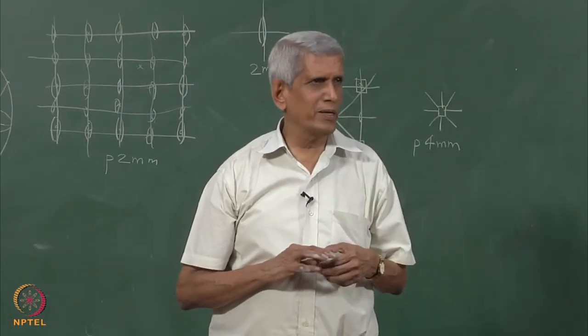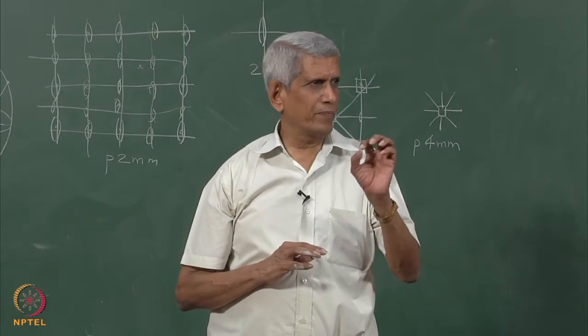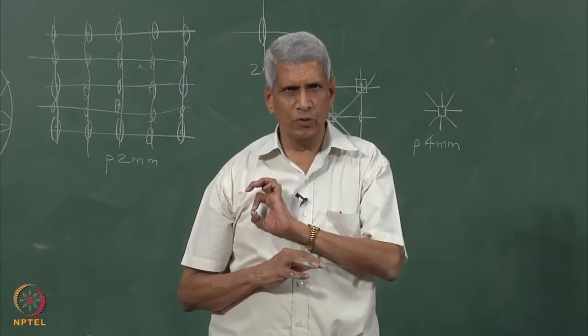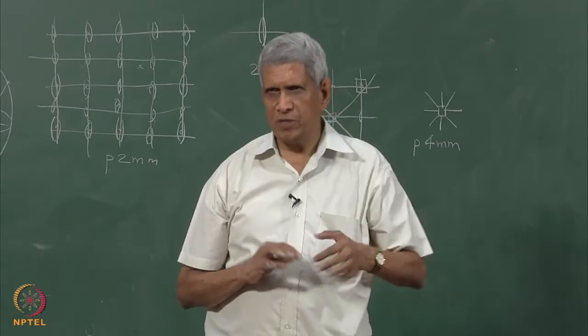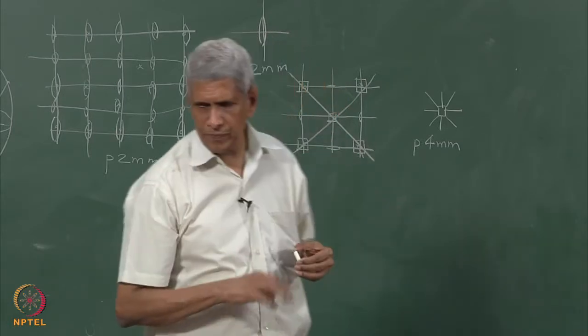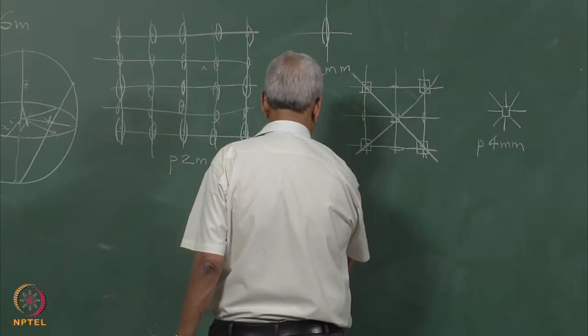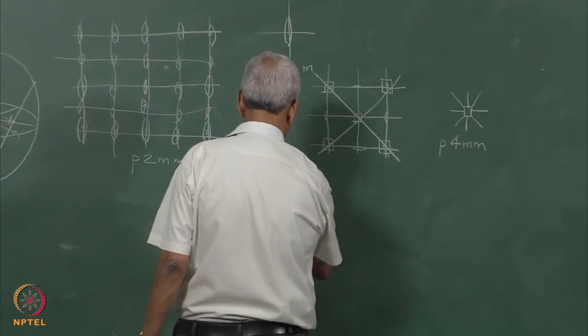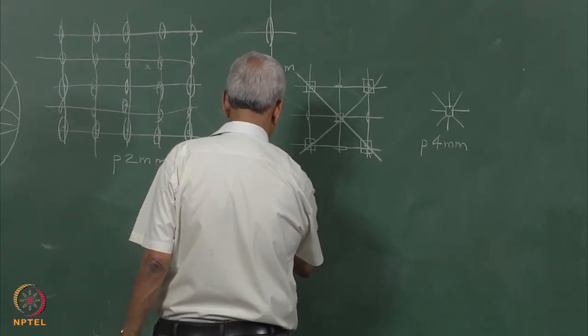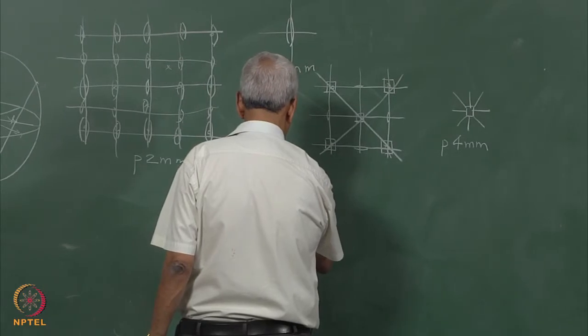What I wanted to remember here is that we talked with respect to 10 point groups, okay, what are the types of symmetries which can be associated with it. Here also if we look at it, that same type of a symmetry element is being associated with it. If I take that motif like 4 mm symmetry, if I take it R, I will just put it with a circle, okay.